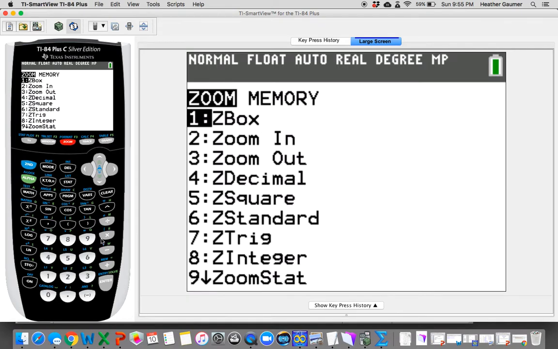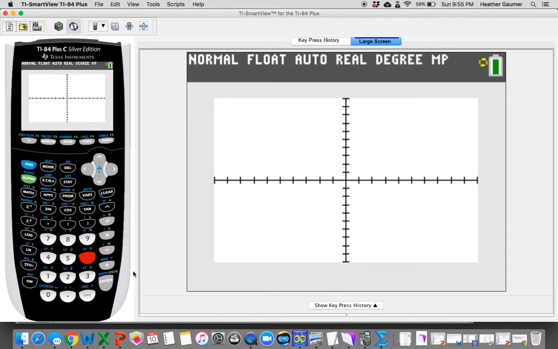So if I click on zoom and choose option 6, I now have the standard window setting. In looking at this graph, it's clear that I have one mountaintop and one valley, neither of which are the absolute top or bottoms of the graph.